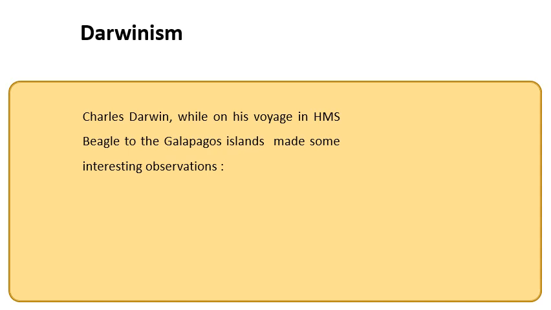Then he was sent to Cambridge University to continue his degree. Finally, he received his degree in the year 1831, and Charles Darwin began his career as a naturalist on the ship HMS Beagle.